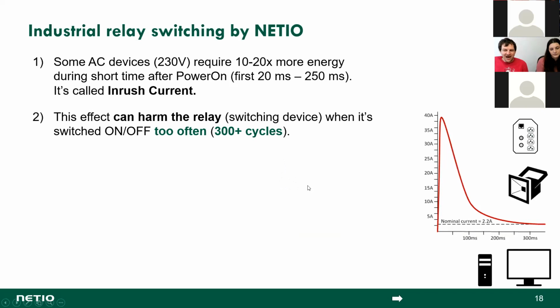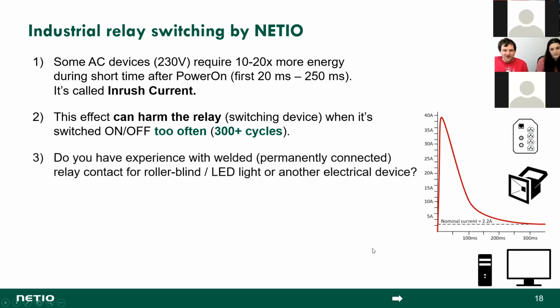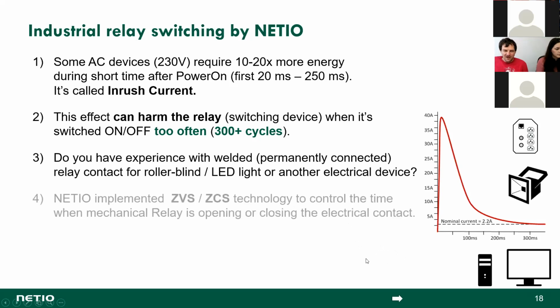This peak is much higher than nominal current, and this is damaging the switching element. So if you are switching more often, I'm talking 300+ power cycles, it can destroy the relay. So if you have experience with a permanently welded device or output, it's because of this.